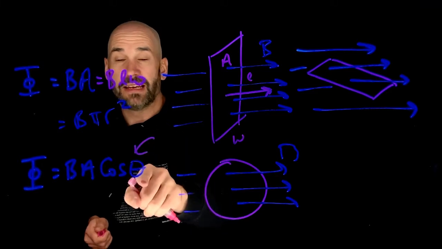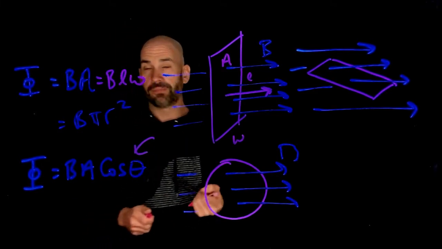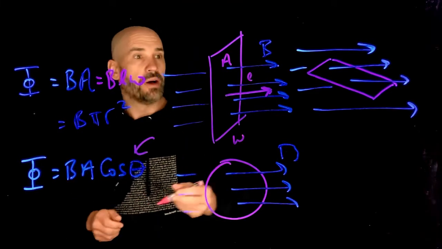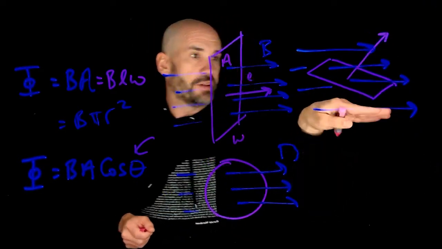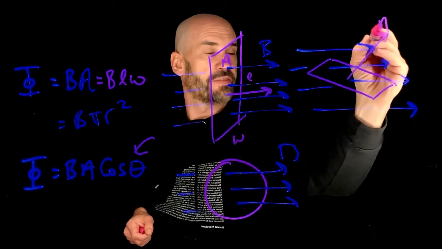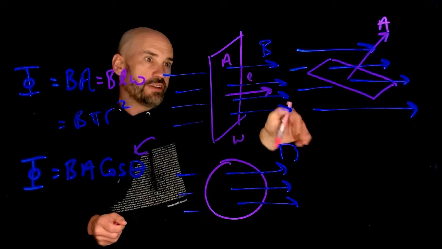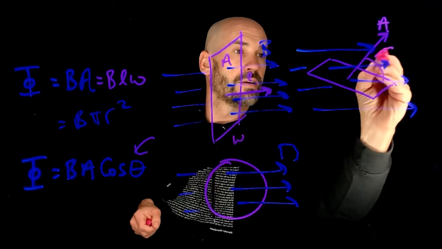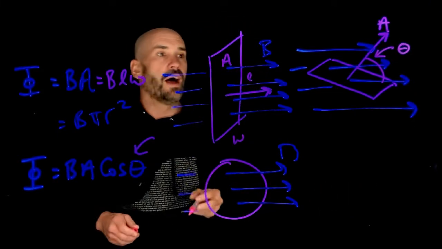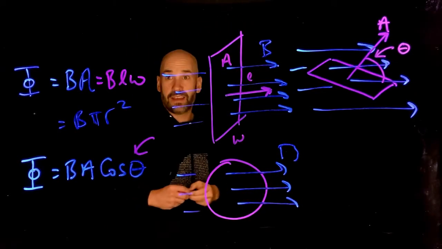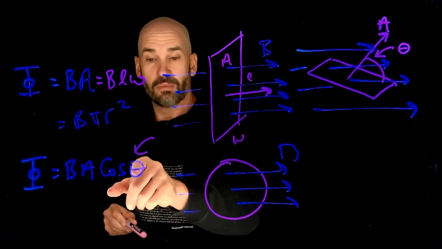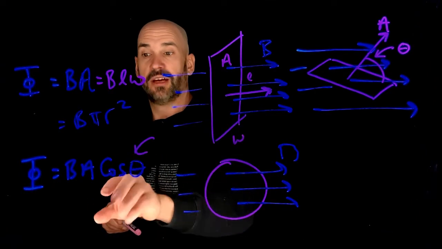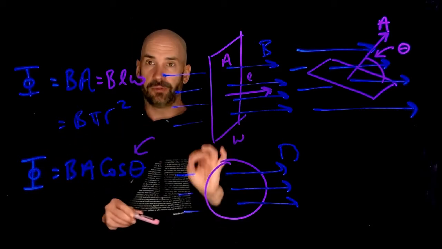Cosine of 0 is 1, and you just get BA. But over here, the area vector is at some angle theta, and in that case we get a smaller cosine, which reduces the flux a little bit.